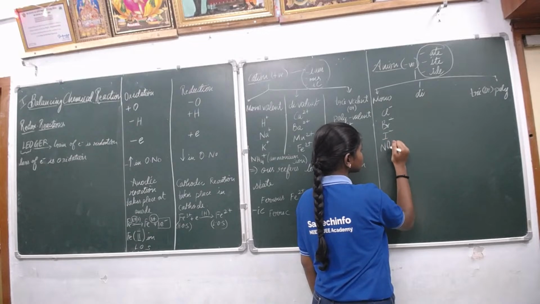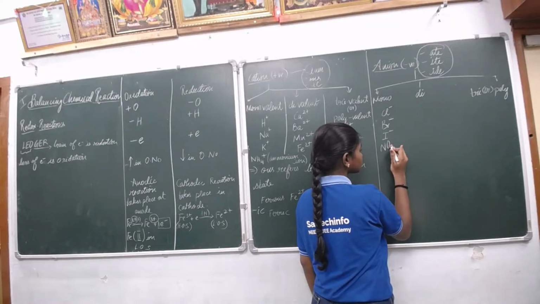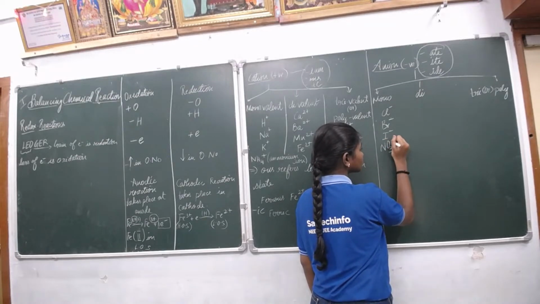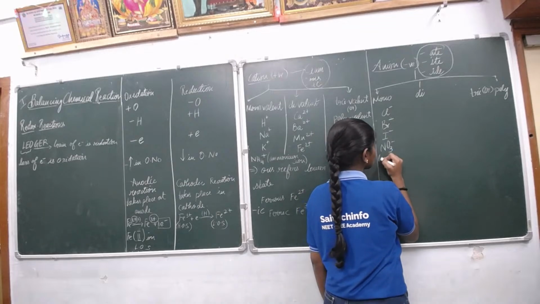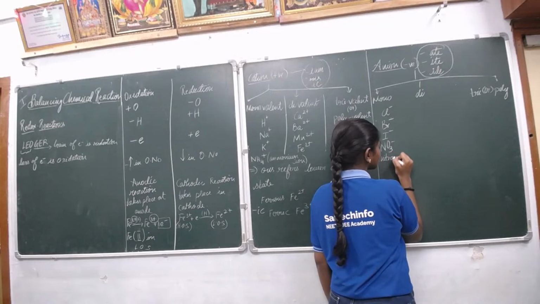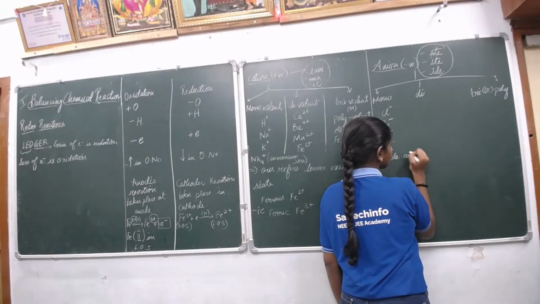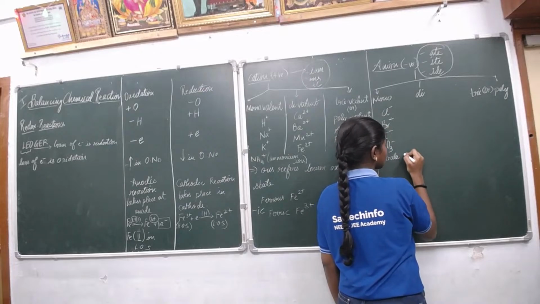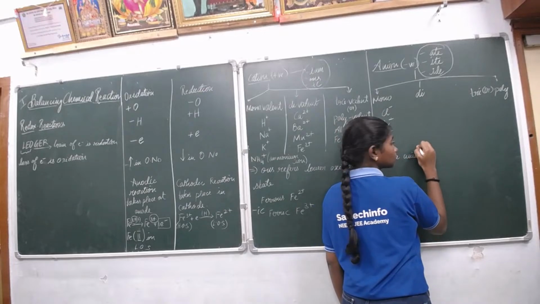That is NO3 minus, nitrate anion. You can write down nitrate anion. Then NO2 minus, nitrite anion.